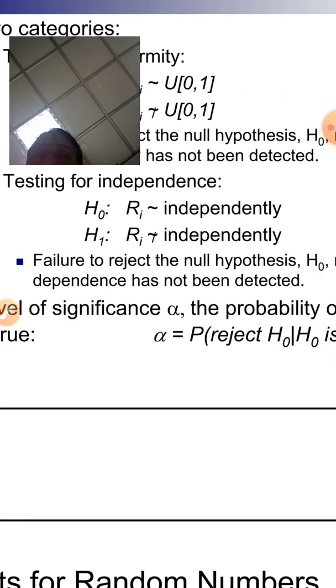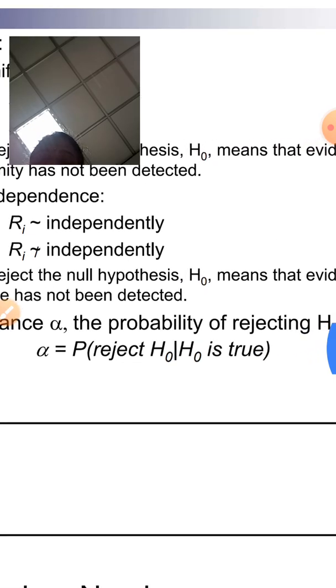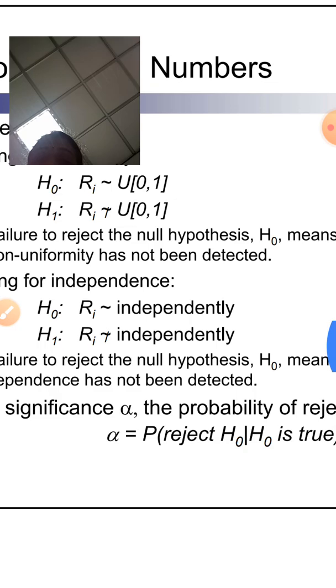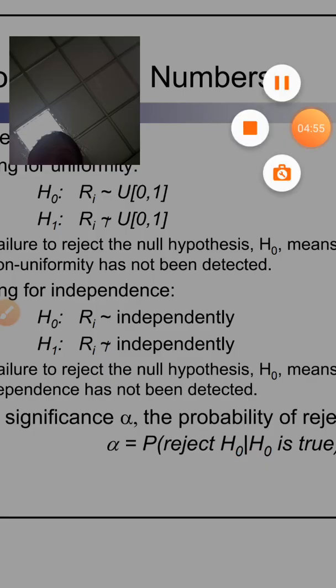So alpha is the probability of rejecting the hypothesis H naught when H naught is true. This gives you the level of significance.